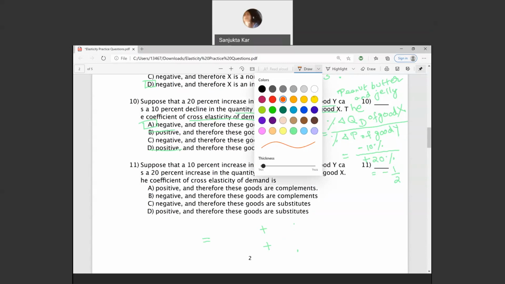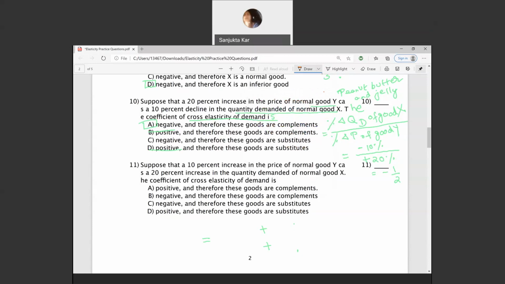All right. So let's see here. 20% increase in quantity demanded. This is plus 20 over price. So price comes at the denominator. So percentage change in quantity demanded over the percentage change in price.